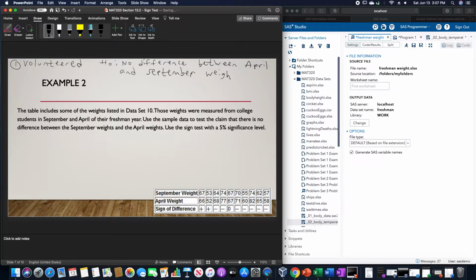This is where the median of those differences is equal to 0. The alternative is that there is a difference. This is where the median of those differences is not 0.